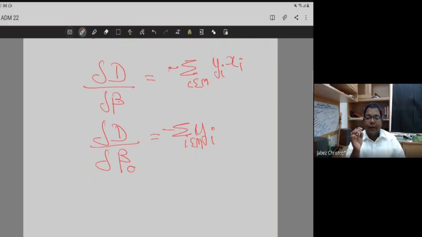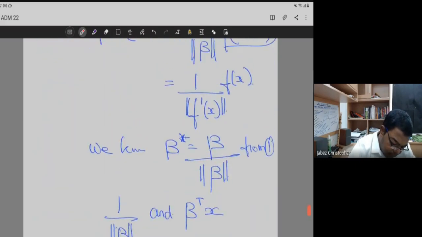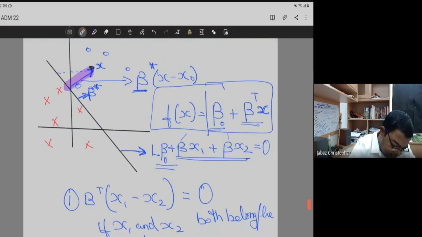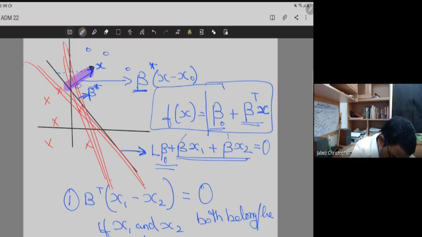Now I want to minimize the number of misclassified points. Given a situation as this, there are so many planes for which I can get M as 0. Yes or no?